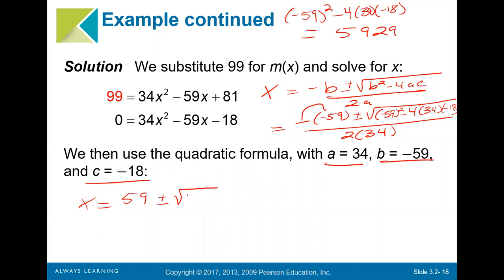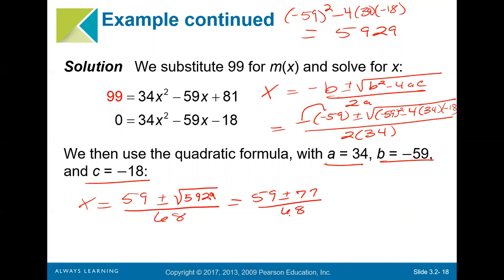It's still in the root, and we can check with our calculator to see if it reduces. I have 2 times that 34, we know is 68. So now let's figure this out. If I take the square root, it does factor down. The square root of that is going to give me 77 over 68.